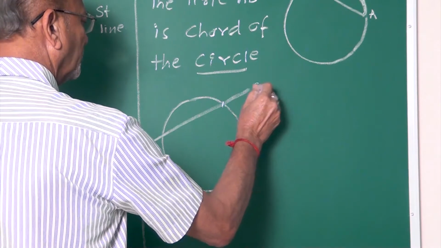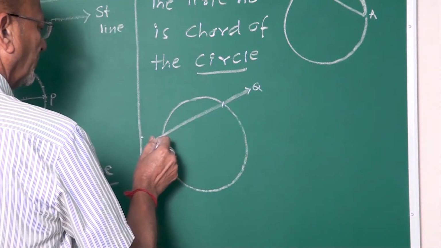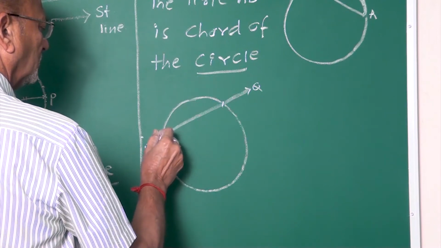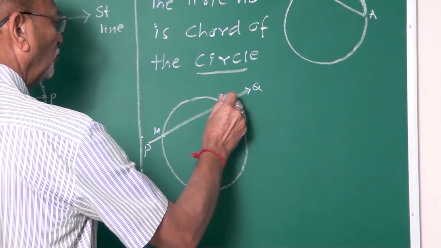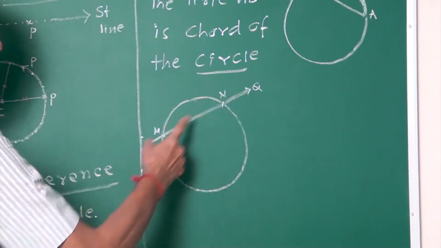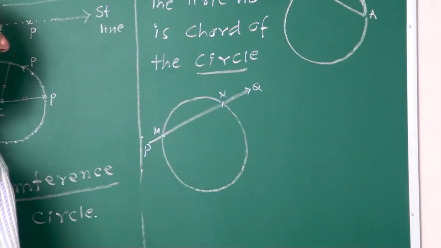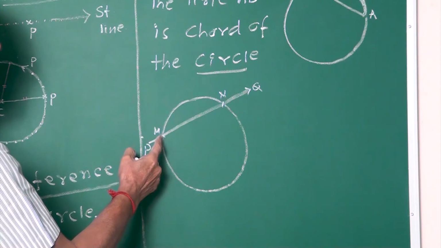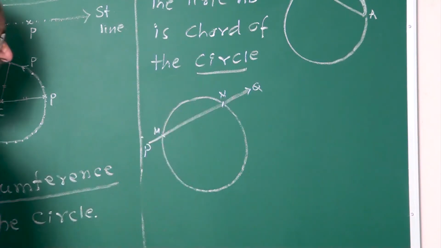PQ is the line that cuts the circle at two points M and N. Then PQ is known as secant of the circle. MN is known as chord of the circle.